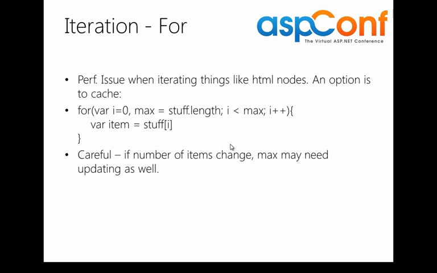You do need to be careful when doing this, because if the size of the collection, i.e. stuff.length, changes because you're adding something during the processing of the loop, you'll need to adjust max accordingly. So if you're removing elements, you need to decrease max by that number of elements. If you're adding new elements, you need to increase max.